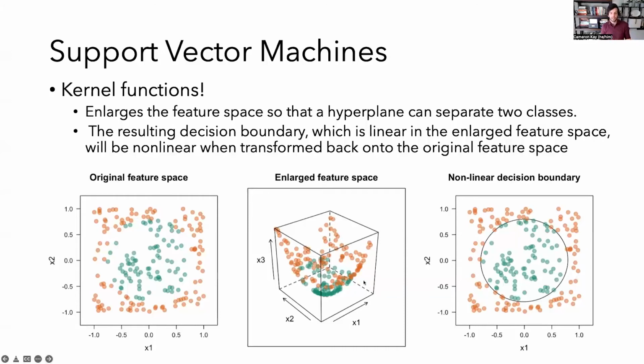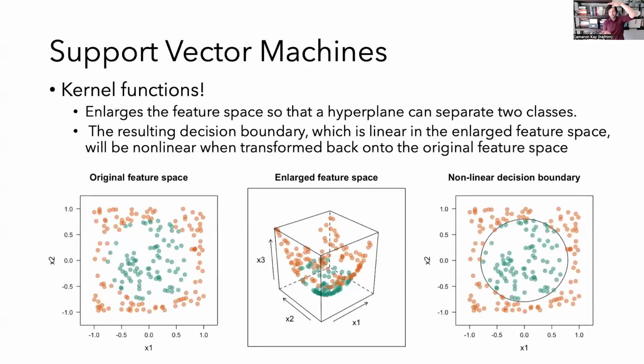So we can imagine in this 3D feature space, we're pulling all the values up, all the yes values are at the bottom, all the no values are up above, and then we're able to slot in a hyperplane, splitting those two groups.